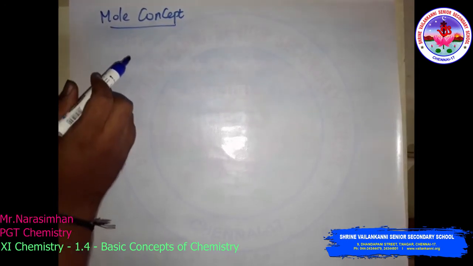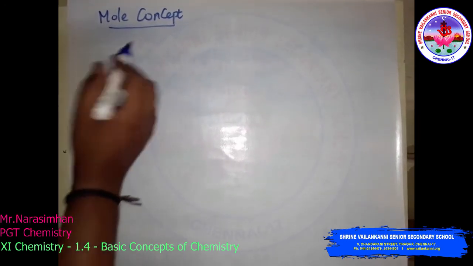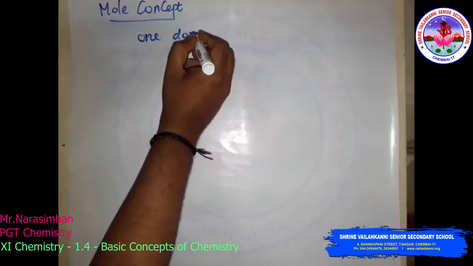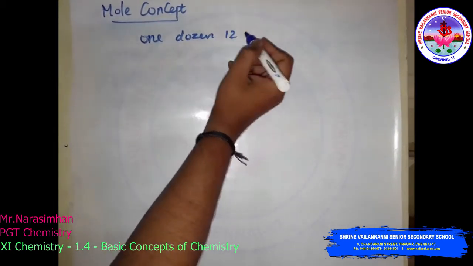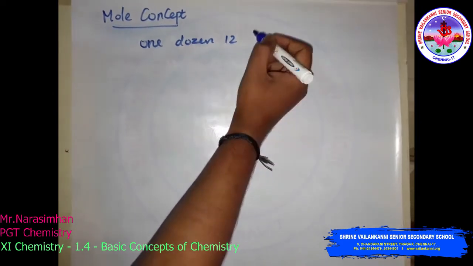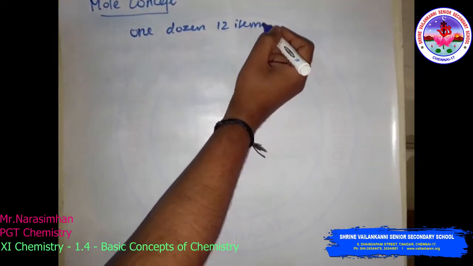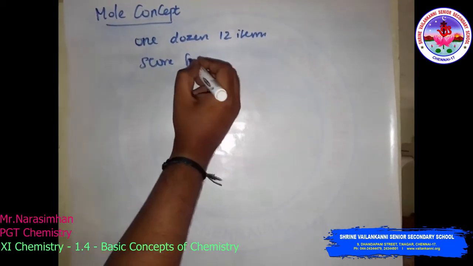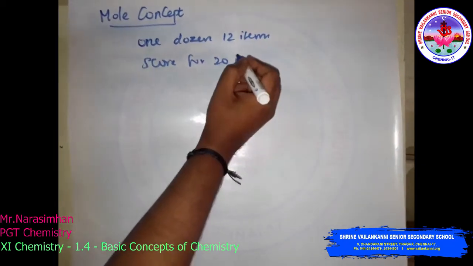So we use units for counting. For example, 1 dozen is 12 items. Score is 20 items.